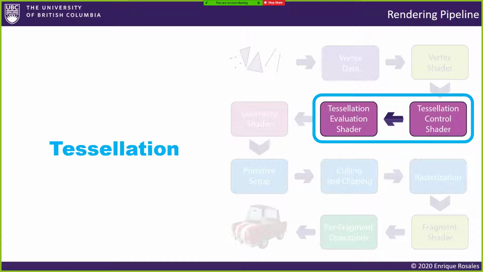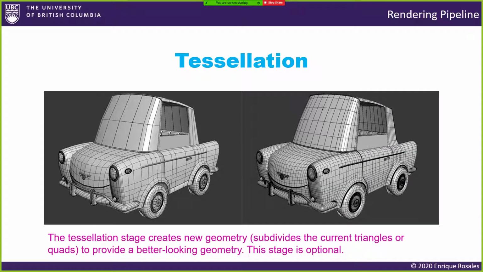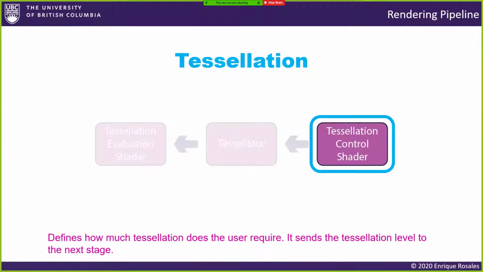Conceptually it's 2 stages, but in reality it is literally 3 stages. The purpose is to create new geometry, basically subdividing the current triangles or quads to provide a better looking surface, okay? The first one is the tessellation control shader, which defines how much tessellation we want, how many steps of subdivisions we want.